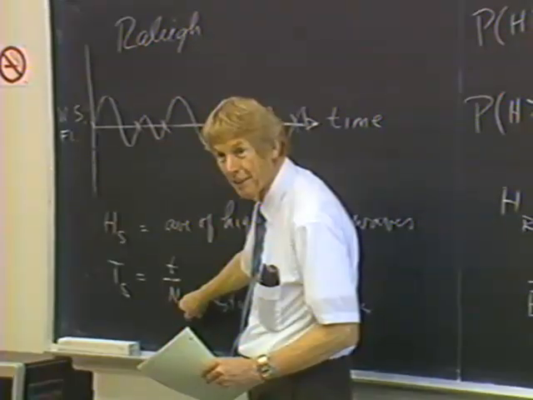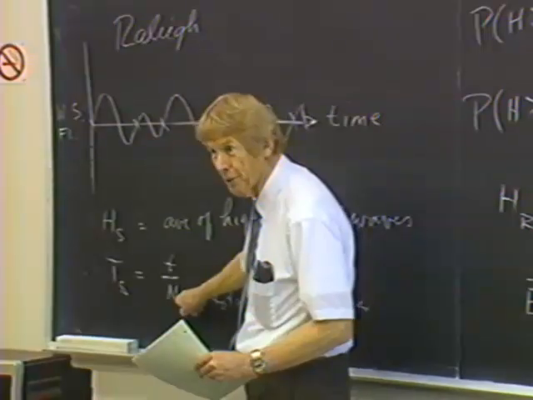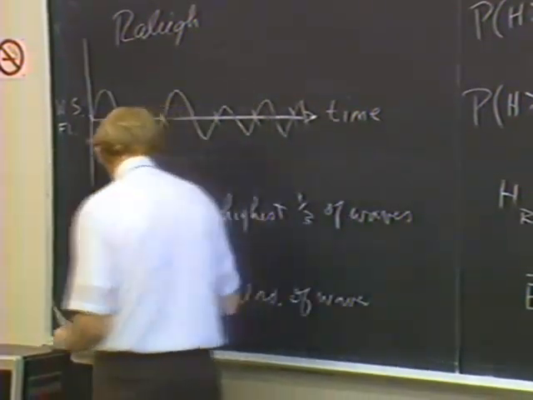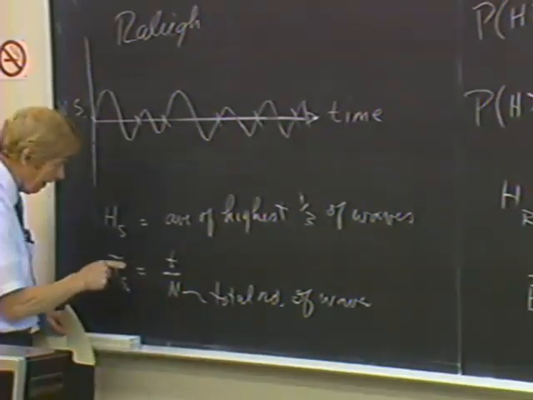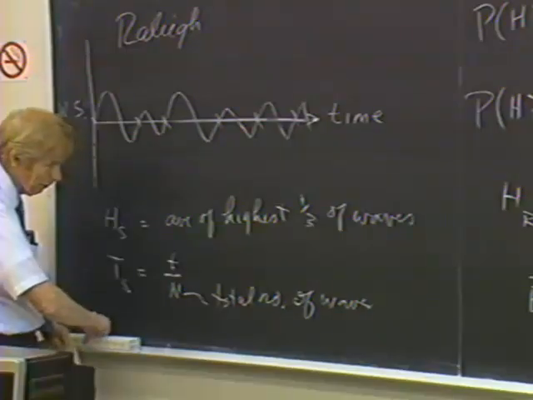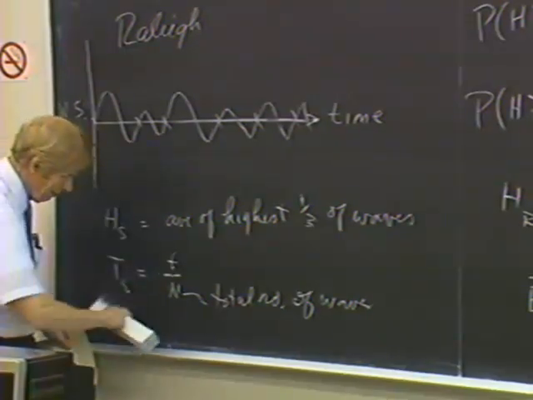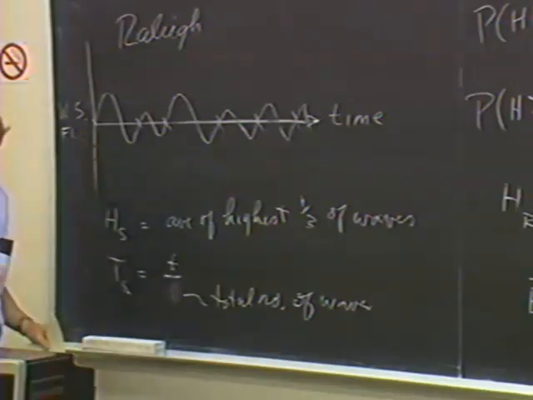Not the significant waves, the total number of waves. Oh, I see your point. So this is the average, T bar. So T significant should be the top 1/3. Yeah, this is a small n. You had it like that when we left. Yeah, thank you.